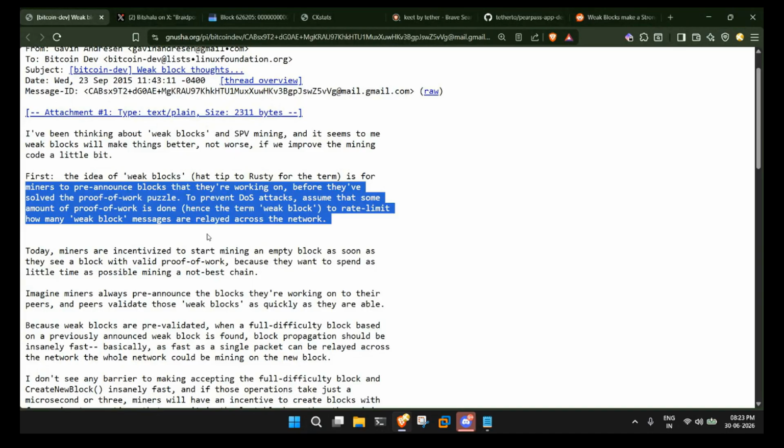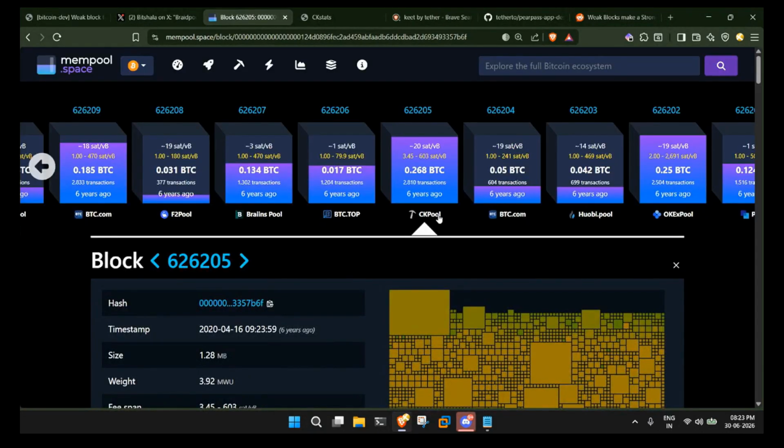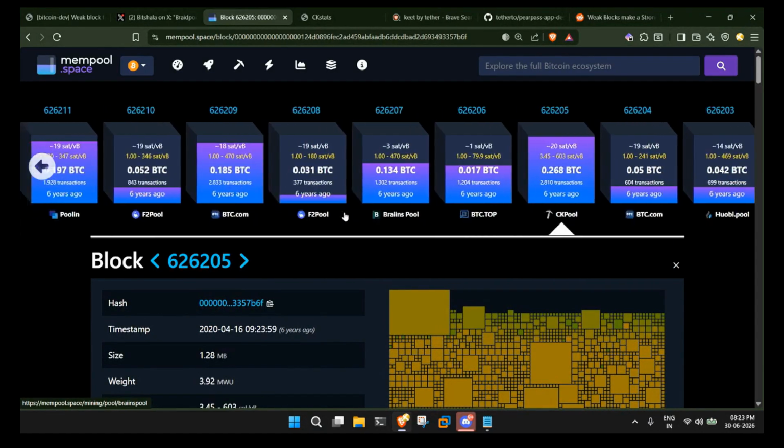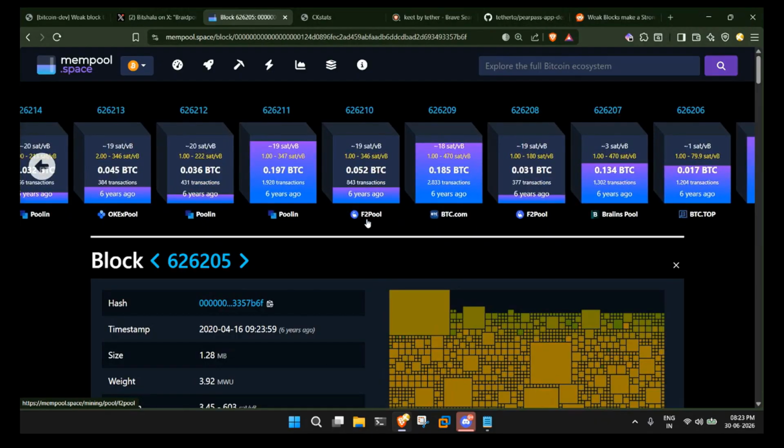What I'm trying to convey here is, let us suppose you are using F2 Pool. Right now the reward goes directly to F2 Pool. You will not get the reward directly. You have to trust F2 Pool that once the block is mined, they will give you your share.